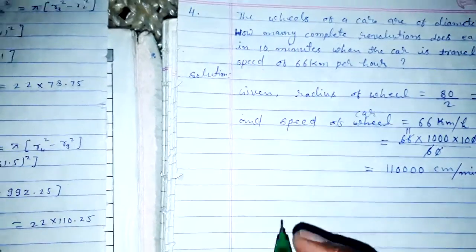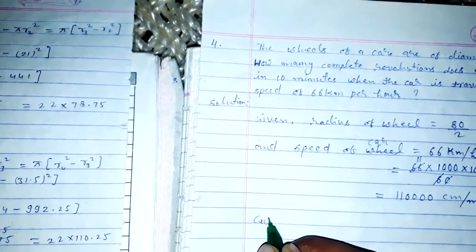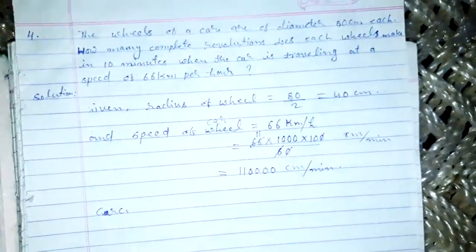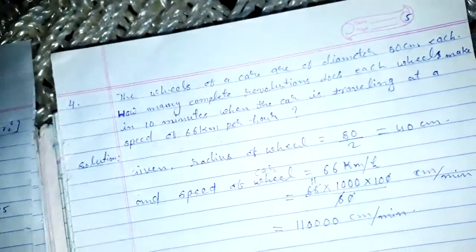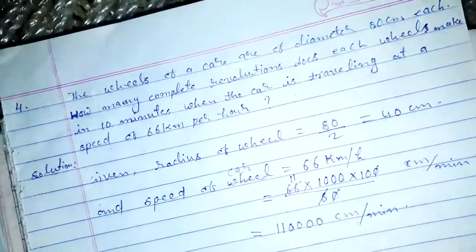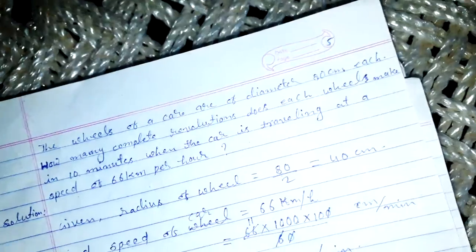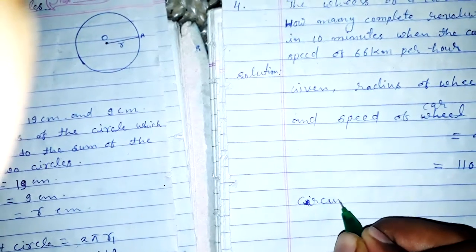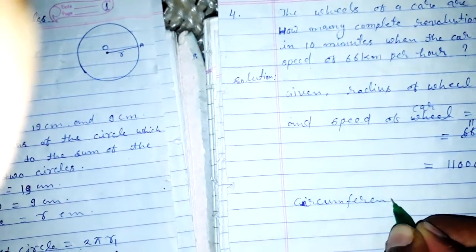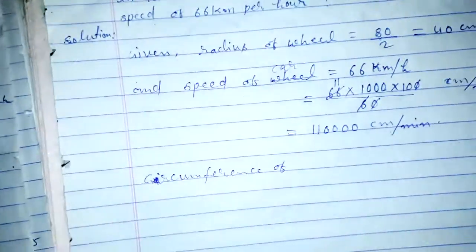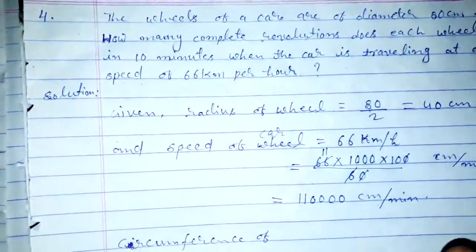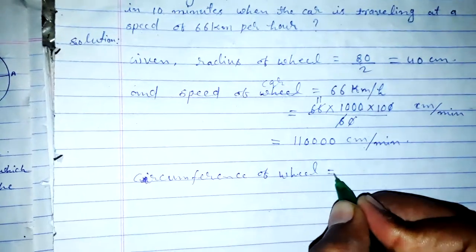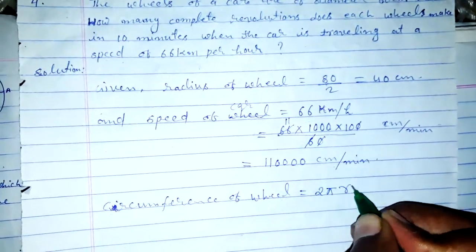Again, find the value of the circumference of the wheel. The circumference of the wheel is equal to 2 pi r.